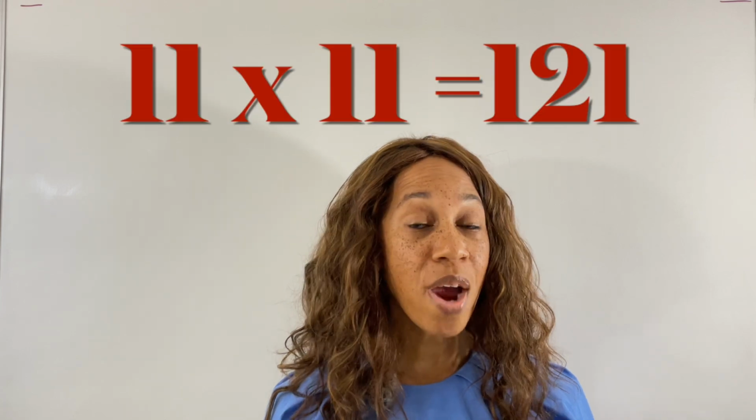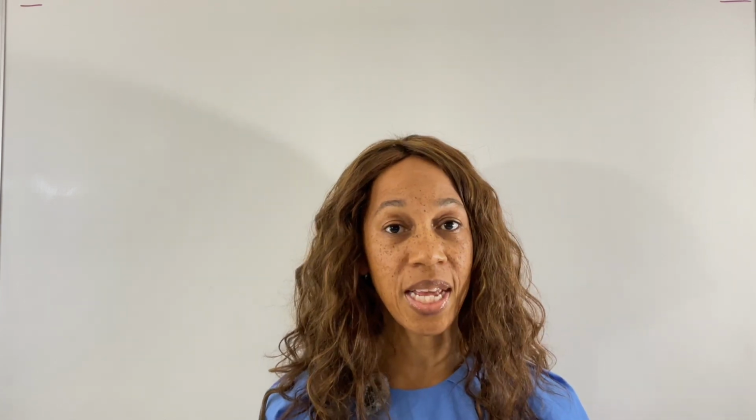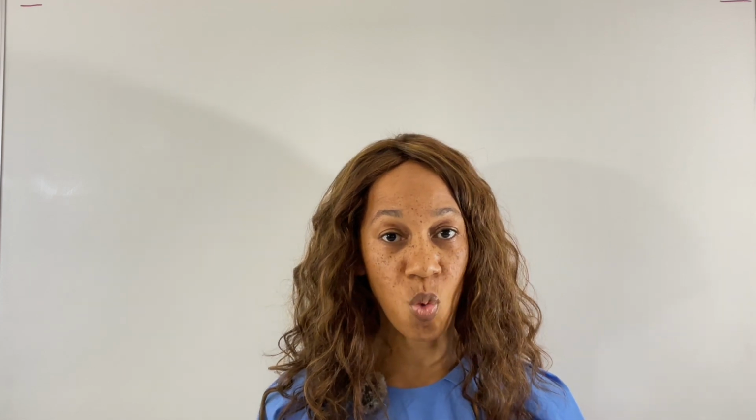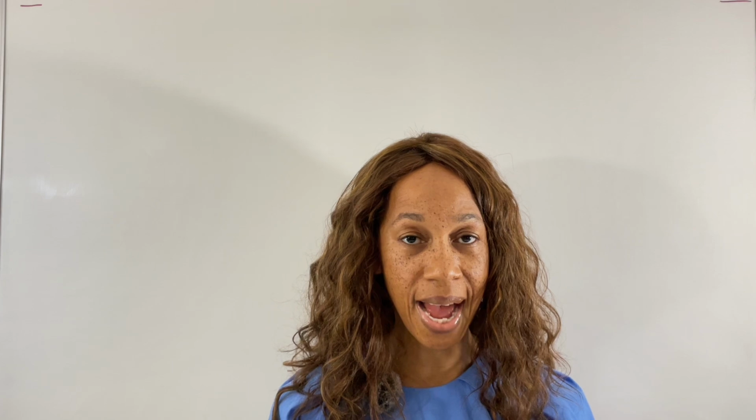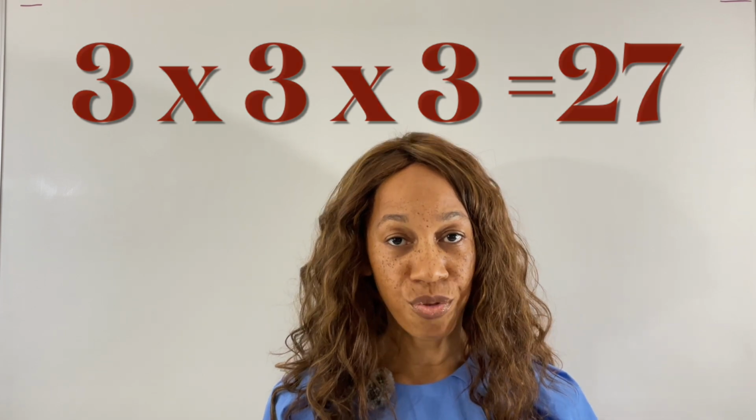For example, the square root of 121 is 11, because 11 times 11 is going to give you 121, which is the radicand underneath that radical sign. For example, the cube root of 27 is 3, and that is because you are multiplying 3 three times. 3 times 3 times 3 is going to be 27. Or you can say 3 times 3 is 9, and 9 times 3 is going to give you 27.